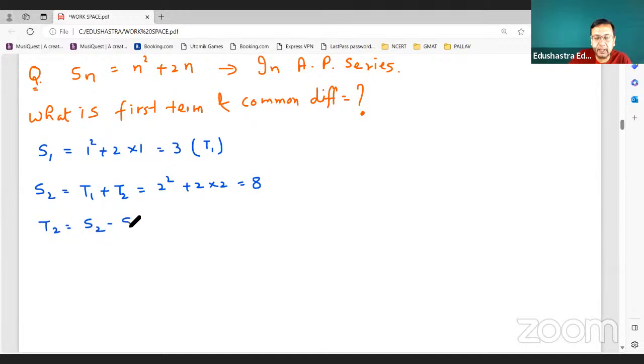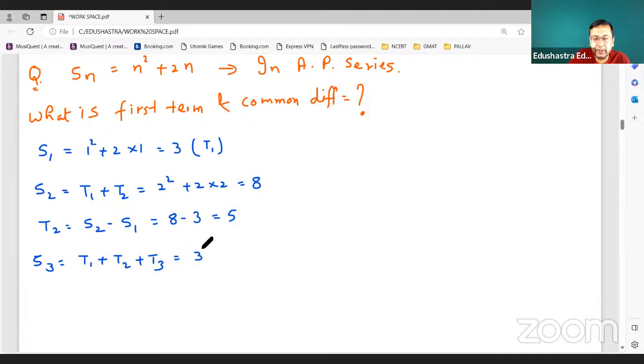S2 minus S1, which is 8 minus 3, coming out to be 5. So second term is 5, right?